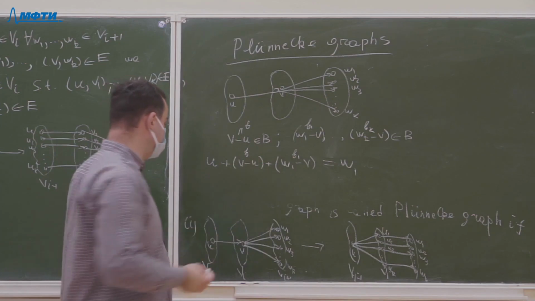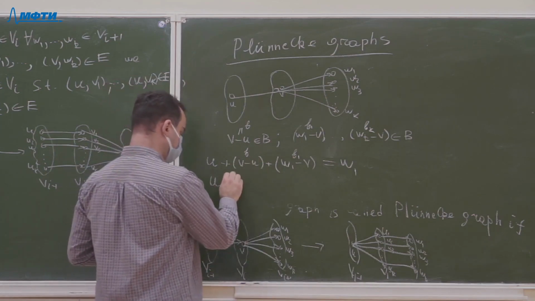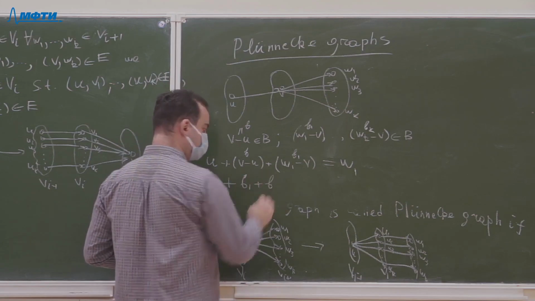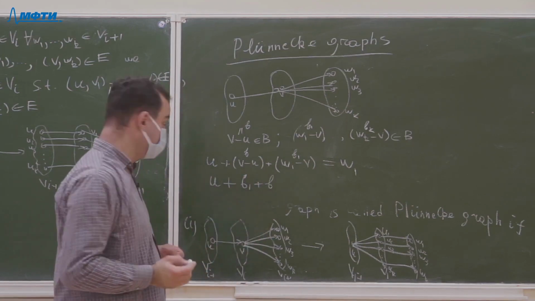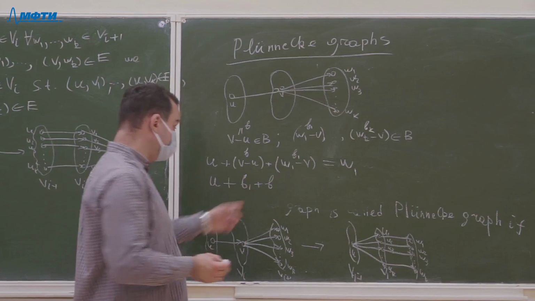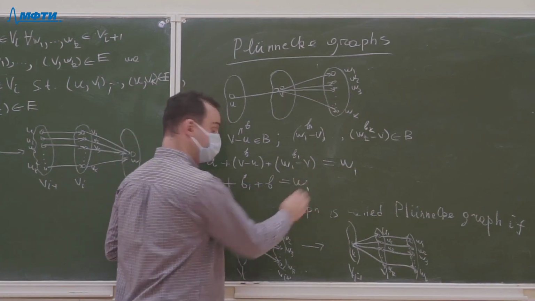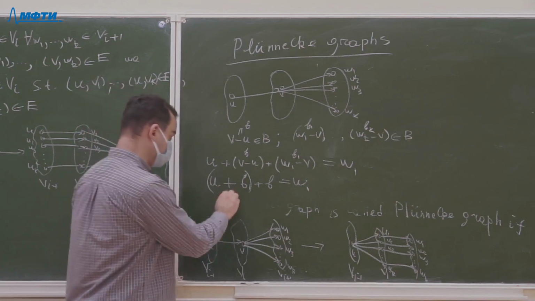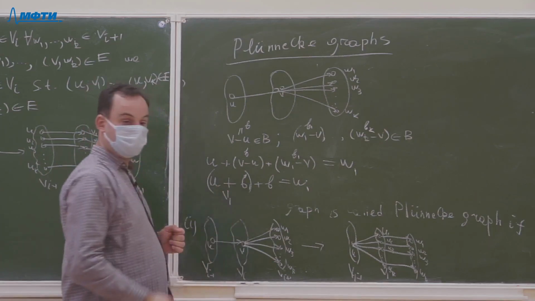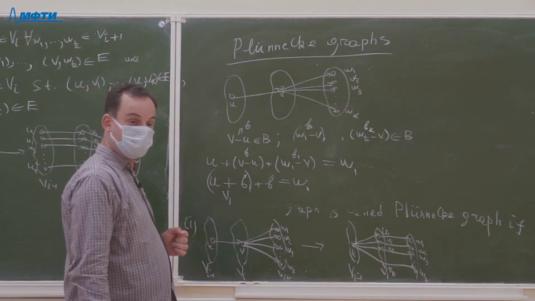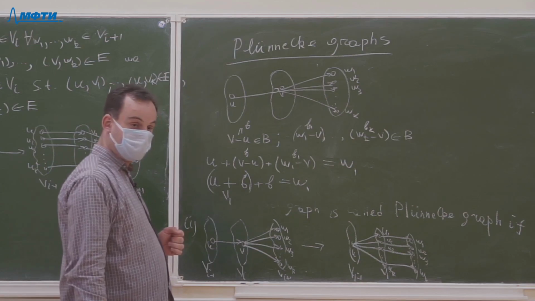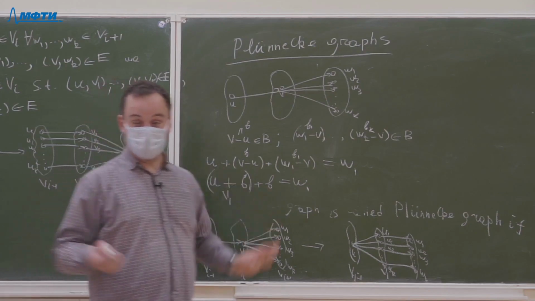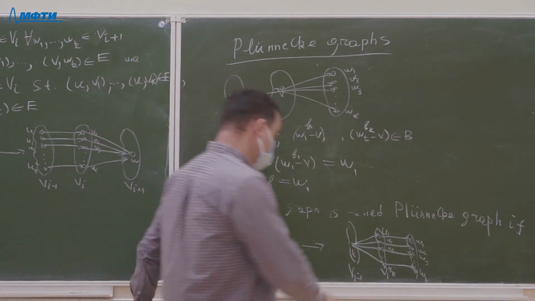Now we have to do this. Here we use commutativity inside the group. U plus B1, it's also W1. And this is our V1. Right? Okay. Sorry, probably you don't have time to understand everything. Let's finish.